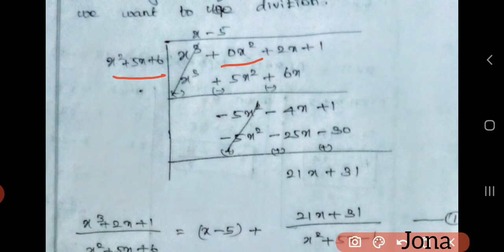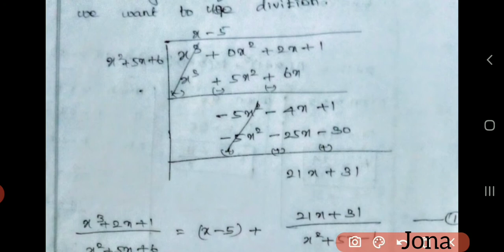So for this ordinary division only, so divide everything, we will get the remainder as 21x plus 31. So this quotient is x minus 5, the remainder is this one, and the divisor is this one.